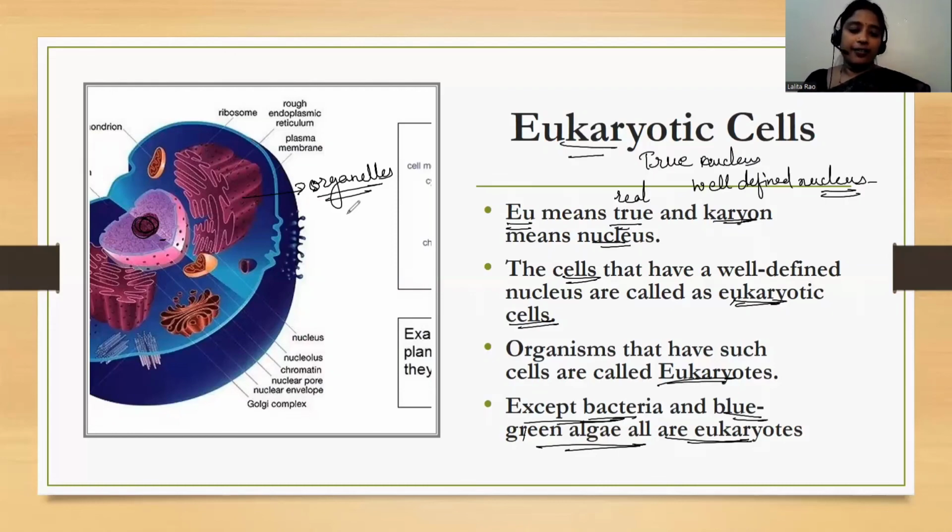Depending upon whether the organism is made up of one cell or more cells, they are classified as unicellular and multicellular organisms. Unicellular organisms are made up of only one single cell, and multicellular organisms are made up of more than one cell.